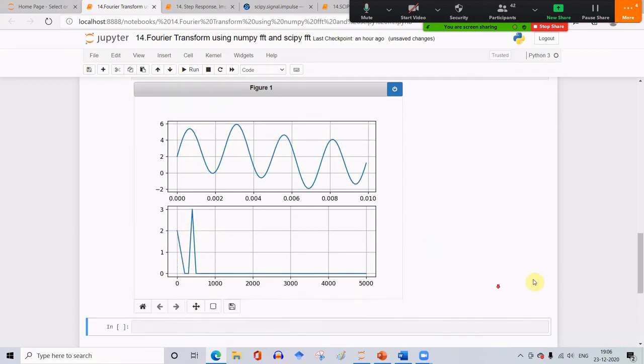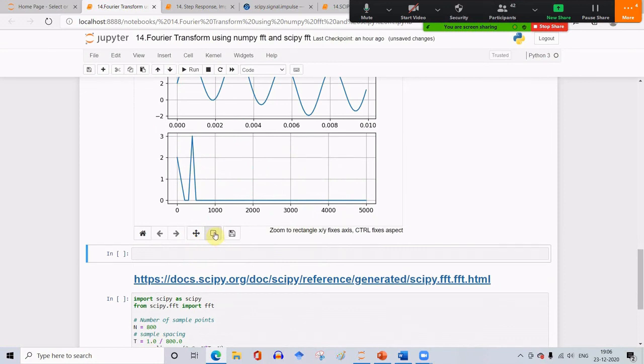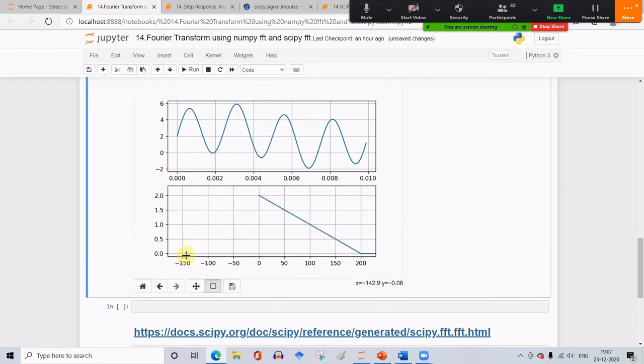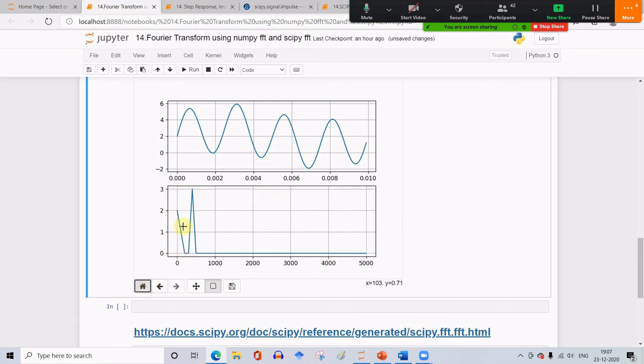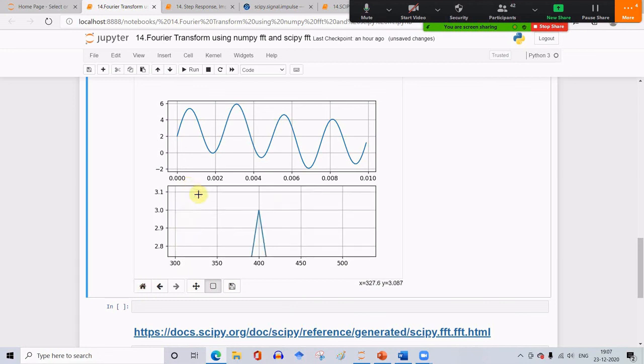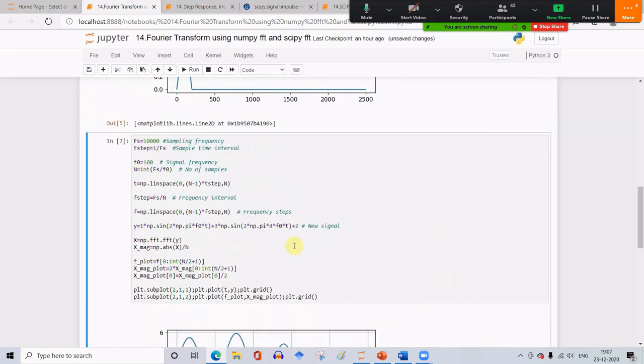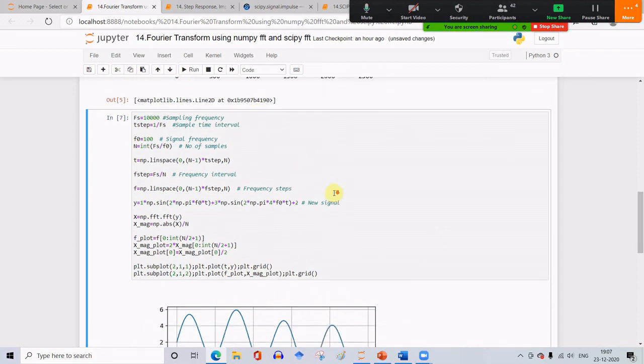At f equal to 100, let me zoom this much. At f equal to 100, I have the magnitude 1, and at f equal to 0, that is DC, I have magnitude 2. And at 400, let me enlarge this. At 400, I have the magnitude 3. Okay. So this is how we find the FFT using the NumPy package.